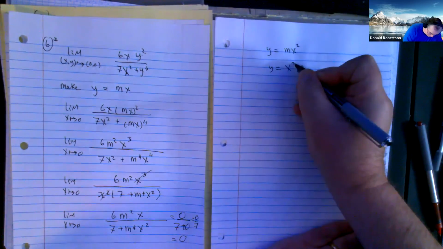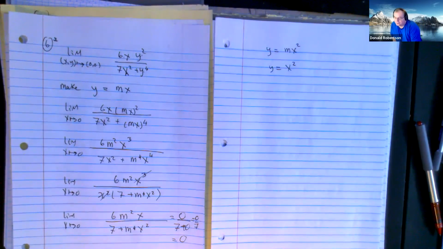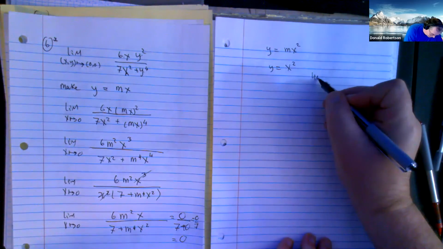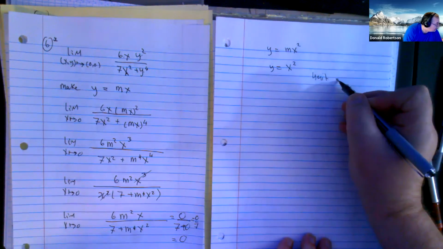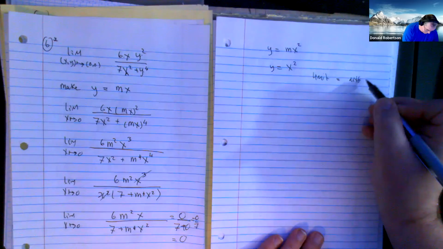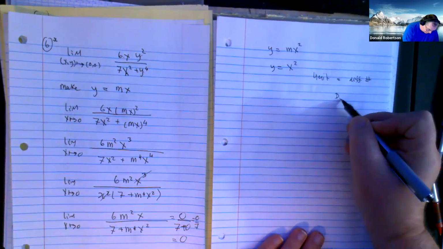In fact, couldn't I have made y just x squared? If you do that one, you find out that the limit, because I don't have time, gets you a different number. So the limit is it does not exist.